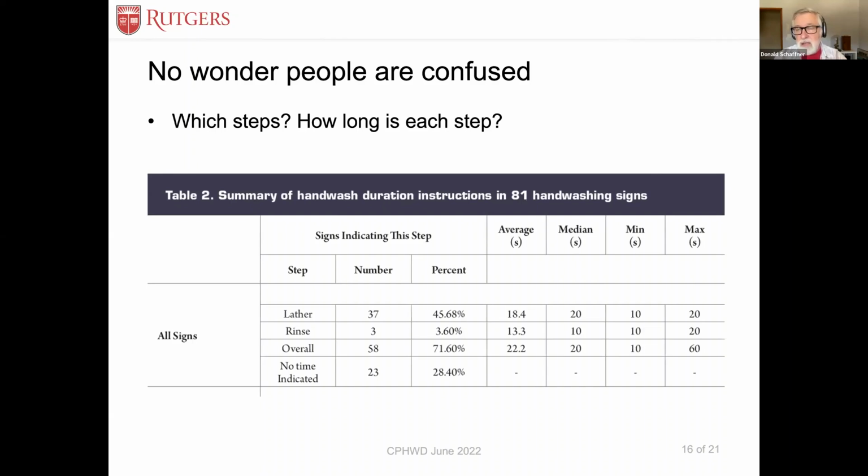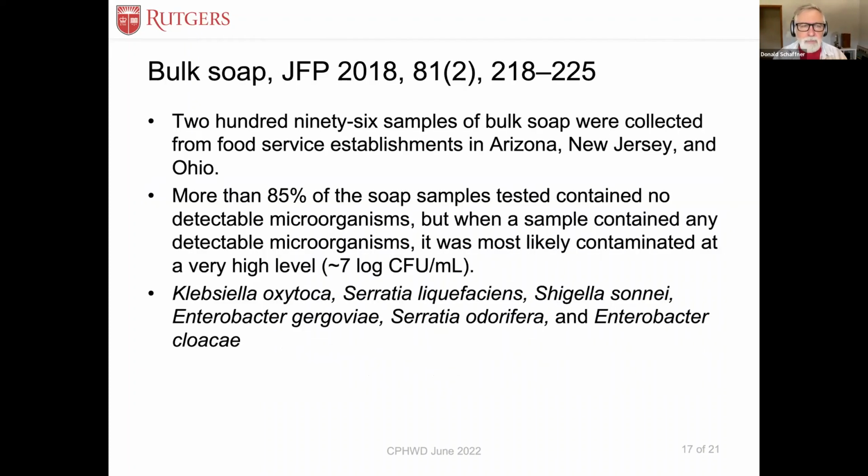Now, in the FDA model food code, it's a 20-second hand wash. But obviously in healthcare situations, and certainly if you're doing a surgical scrub, the amount of time may be longer, and this may reflect that. So clearly, if people are relying on the signs that they see to tell them how long to wash their hands, they're probably going to be confused because they're seeing different information all the time.